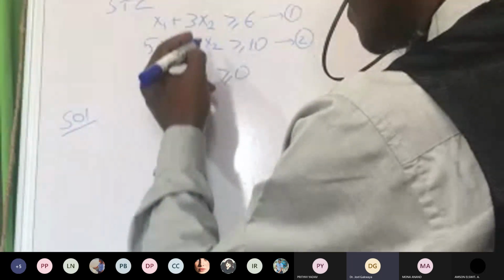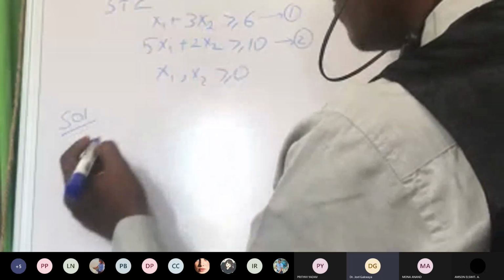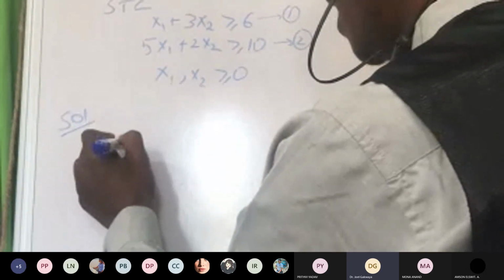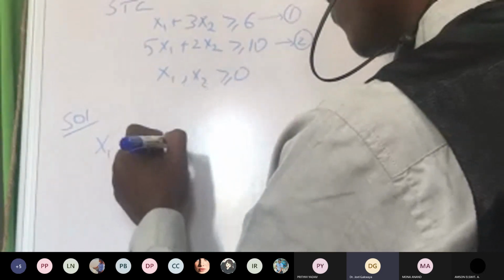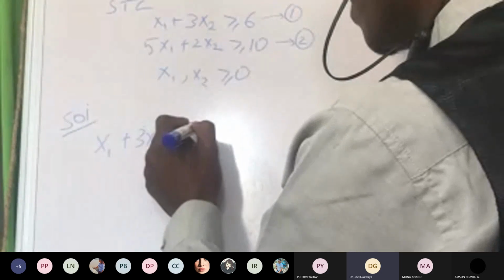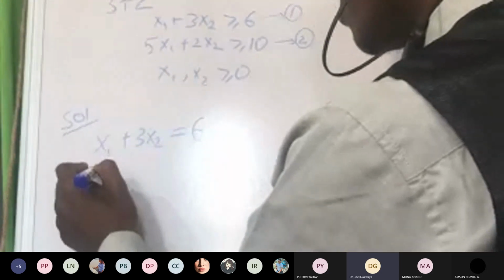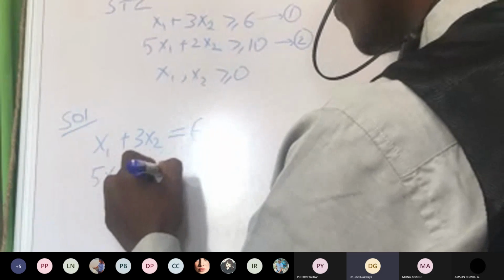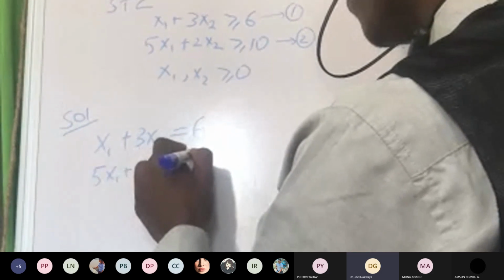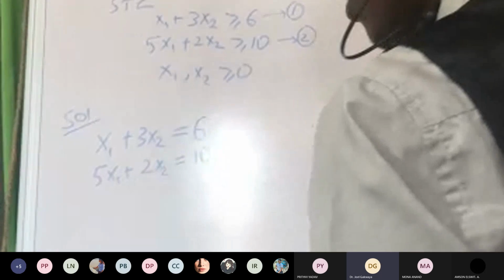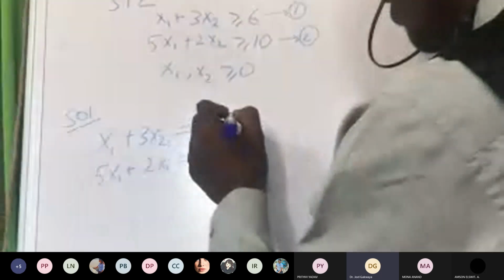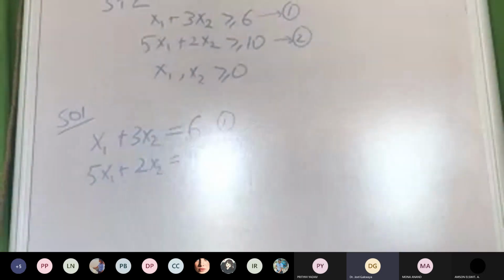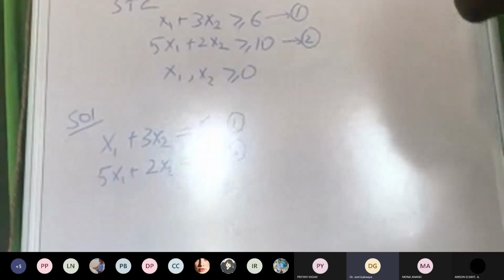You take them as equations: x1 plus 3x2 equals 6, and the second equation, 5x1 plus 2x2 equals 10. This is how we convert them into equation 1 and equation 2. Clear? Fine.